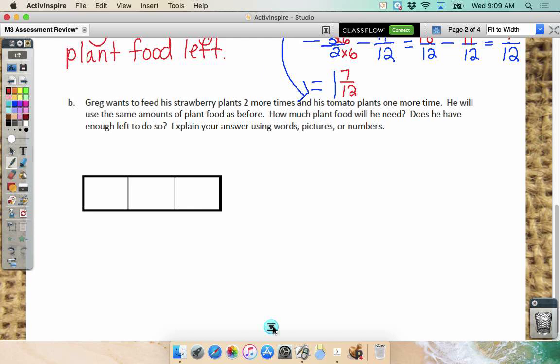Okay, first of all, he wants to feed his strawberry plants twice and his tomato plants once. And how much did he feed the strawberry plants to start with? 1 and 4/6. And how much did he feed the tomato plants? 3/12. And that's what we need to figure out.